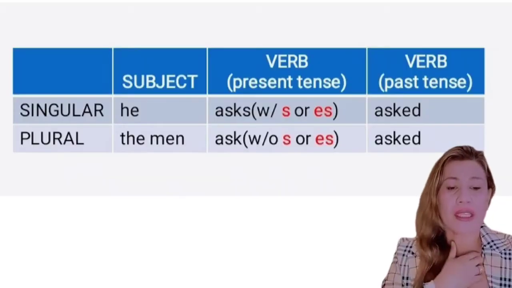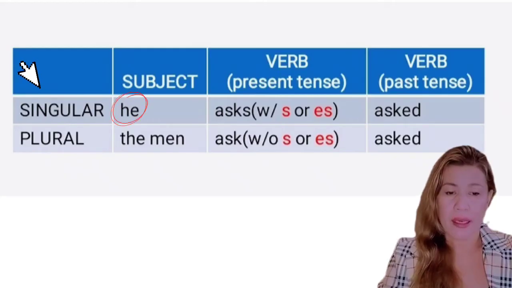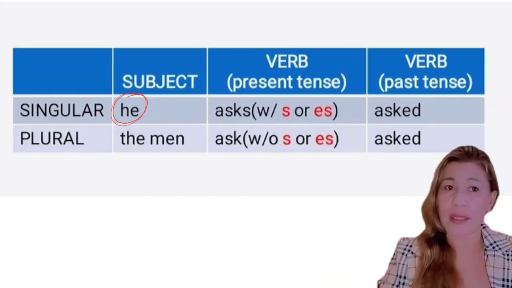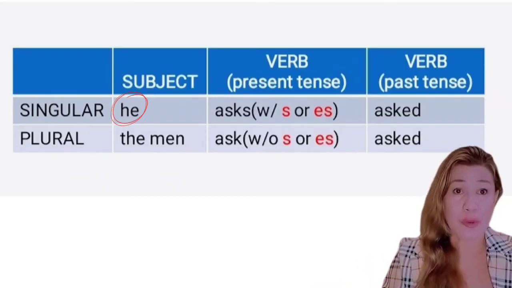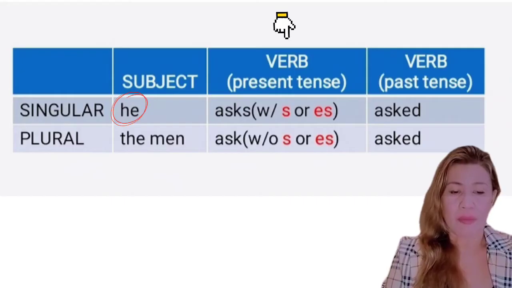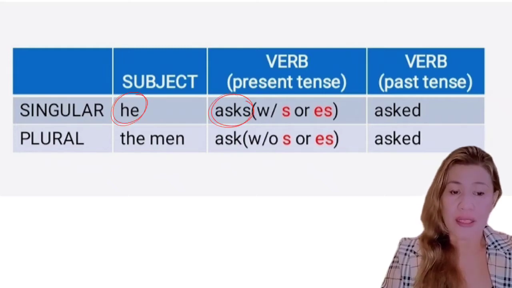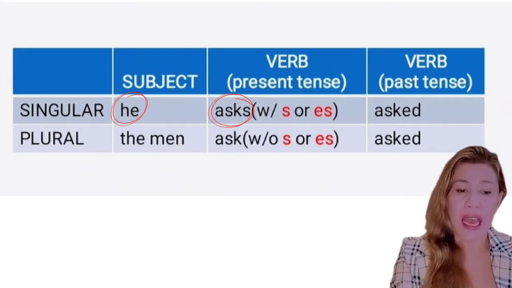Let's take a look at the table here. In this table, under singular, you have a subject, he. And that subject is a pronoun. Recall that a pronoun is a substitute of a noun. Look at the verb. The verb that is given for he is asks. Notice that you have an S after the base verb ask.